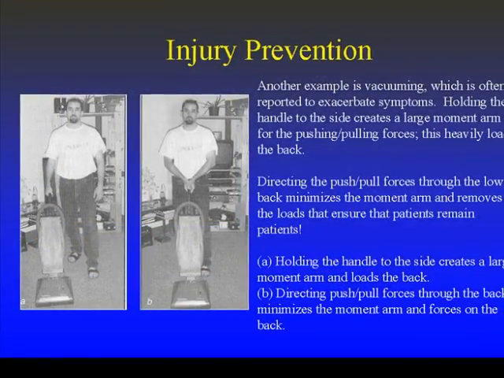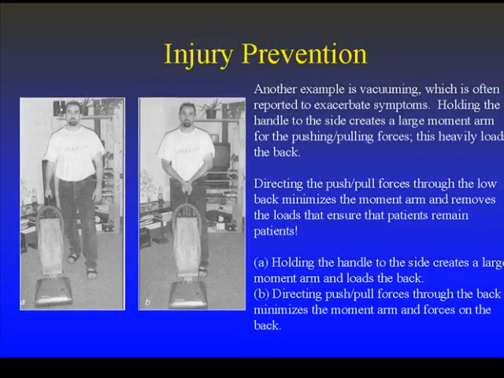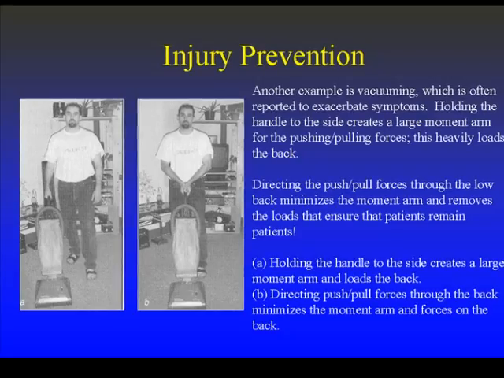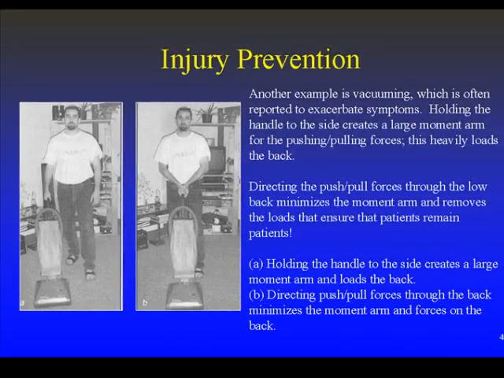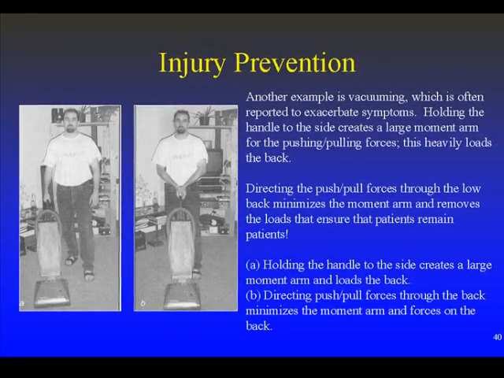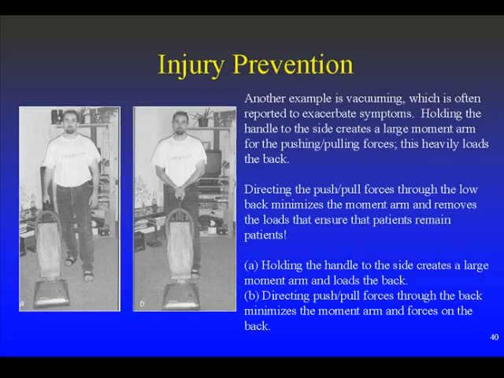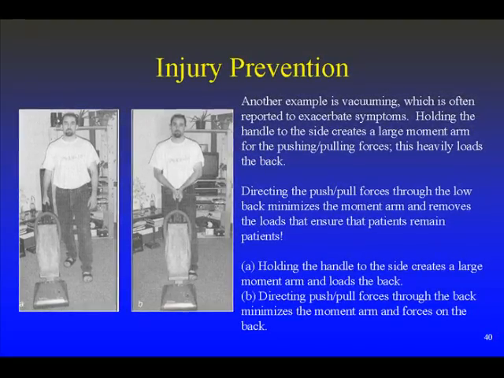If you have to perform repetitive pushing and pulling, as in vacuuming, sweeping, or mopping, try to put the load in front of your body. Holding the handle to the side creates large leverage forces on the lower back. By directing the forces right through the back, you're able to lower the leverage and put less stress on the spine.